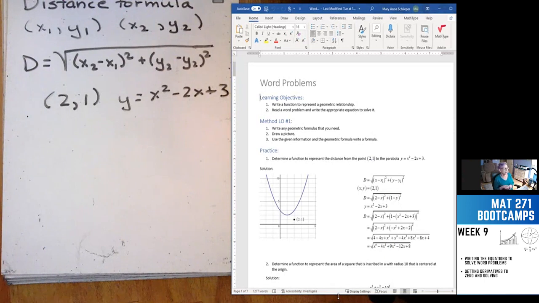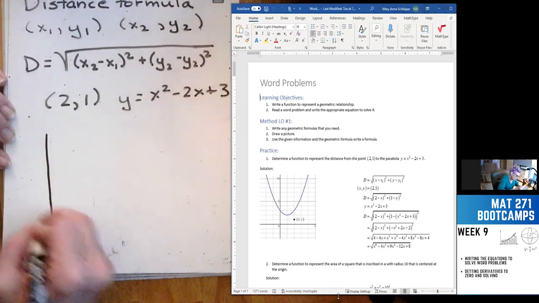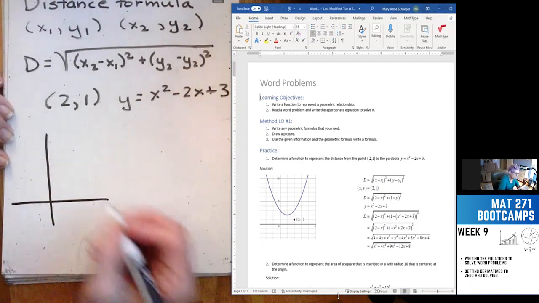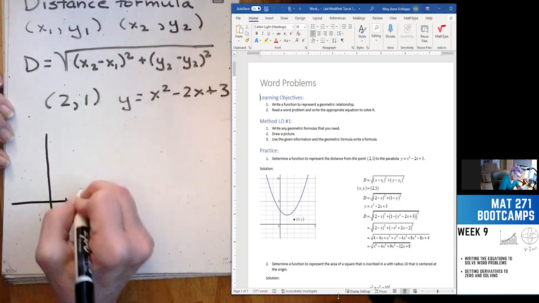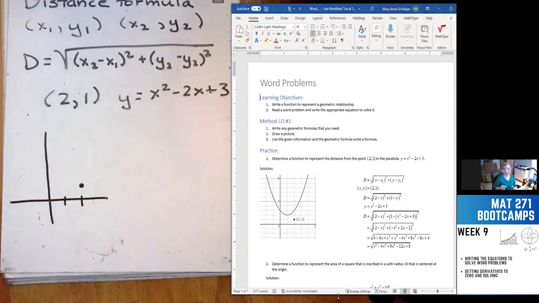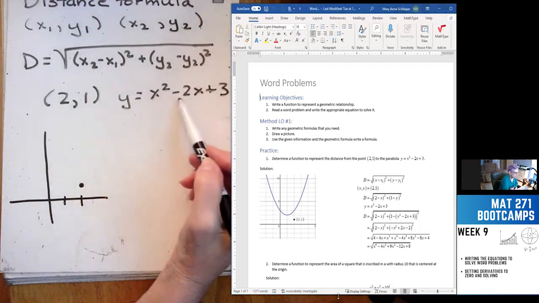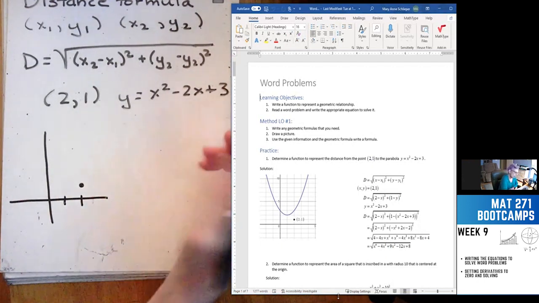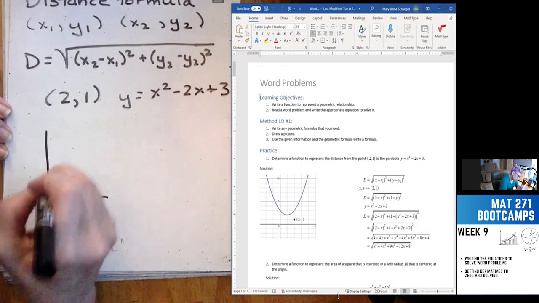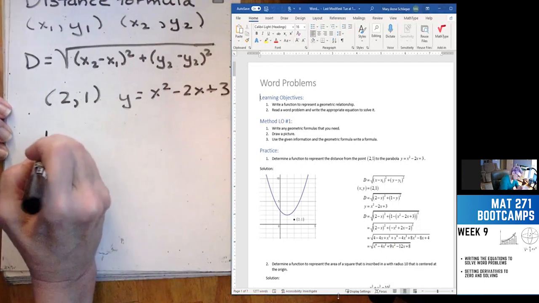I went ahead and put it into Desmos, but of course on test day, you won't have Desmos. If you wanted to sketch yourself a picture, well, the (2, 1) is easy. You know where x squared minus 2x plus 3 crosses the y-axis: 3.